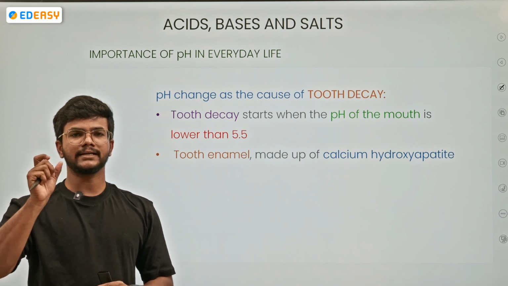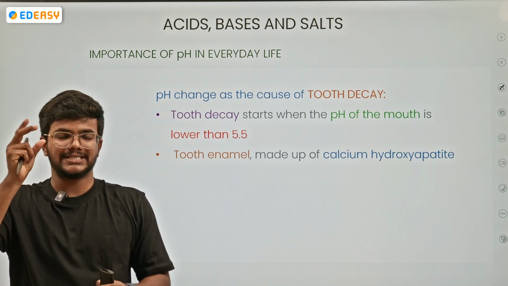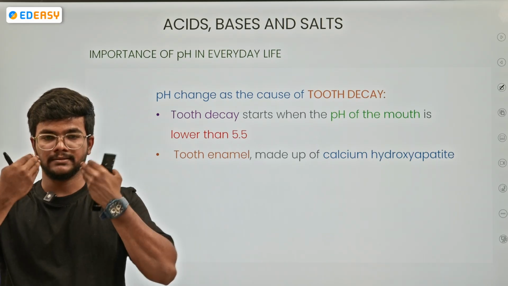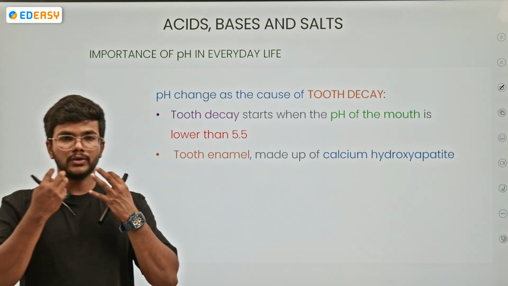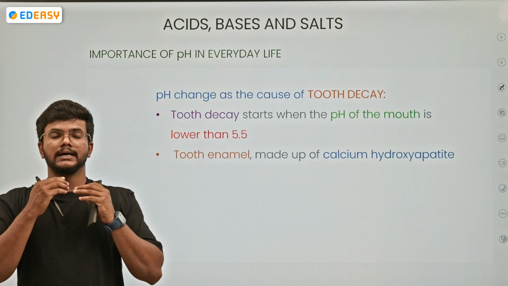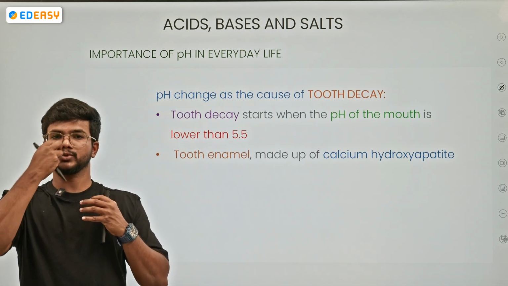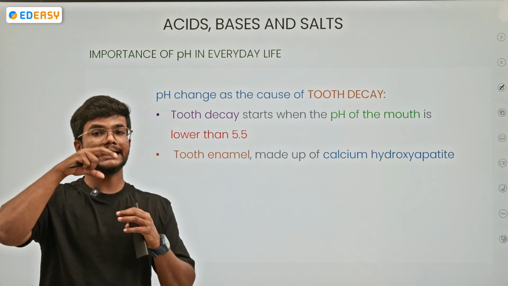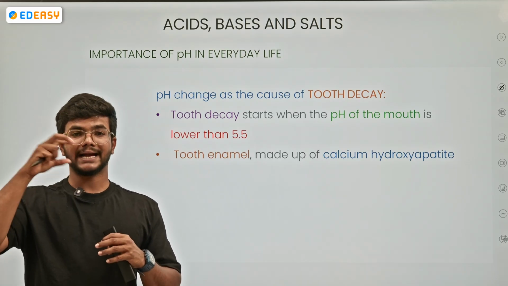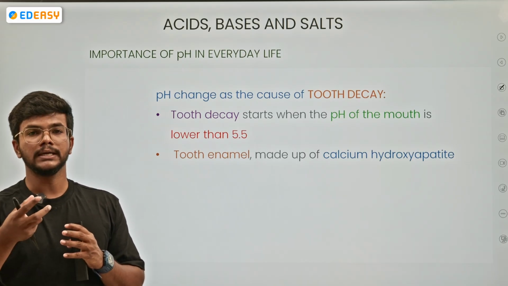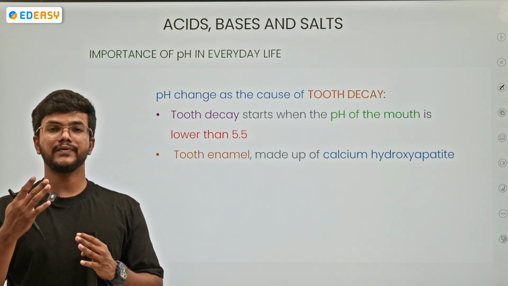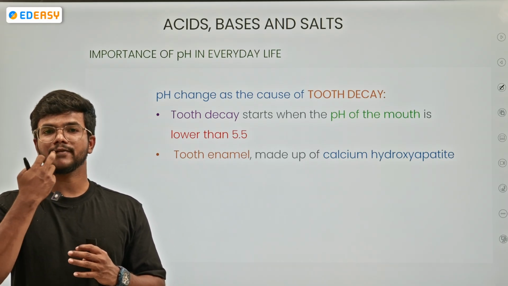When you eat food, not only food but chocolate, it gets stuck in the gaps of the teeth. When food is stuck in our teeth, bacteria are attracted to the food and start decomposing it. When bacteria decompose the food, they release acid, which will decay the enamel of the tooth.